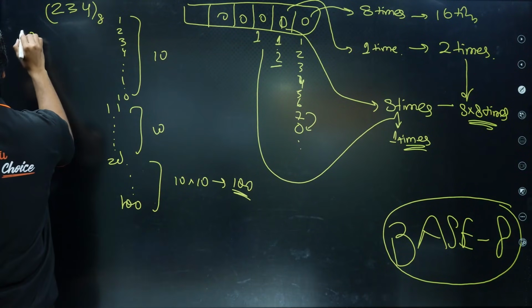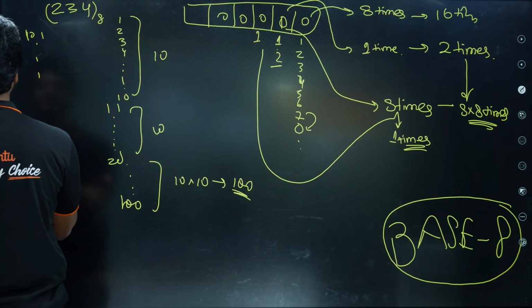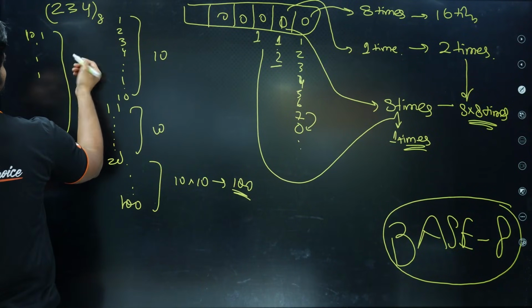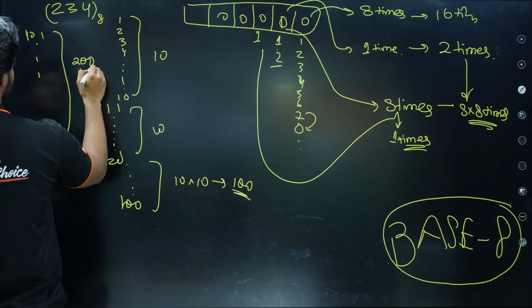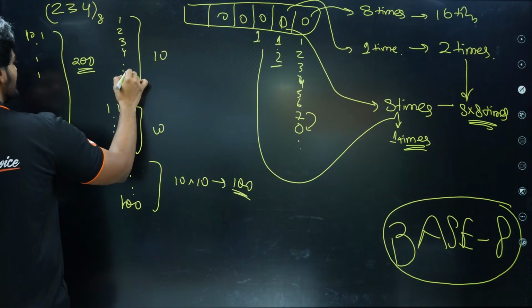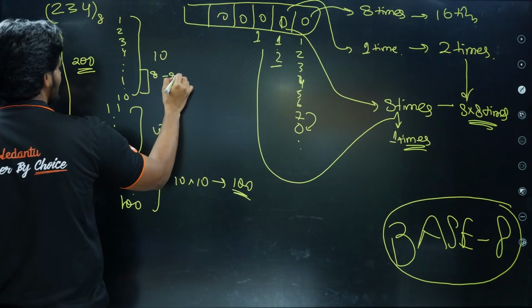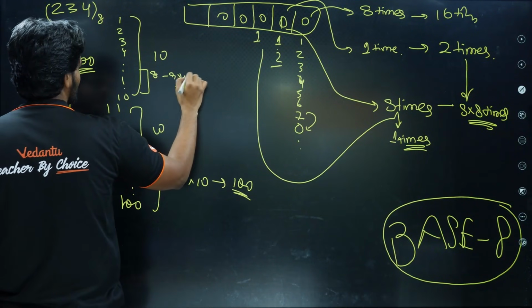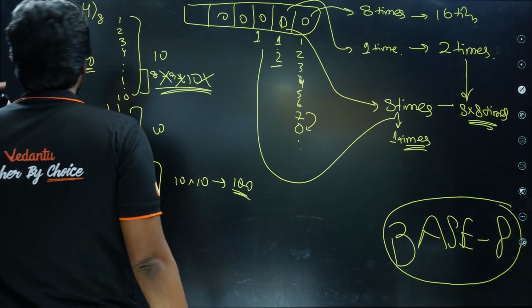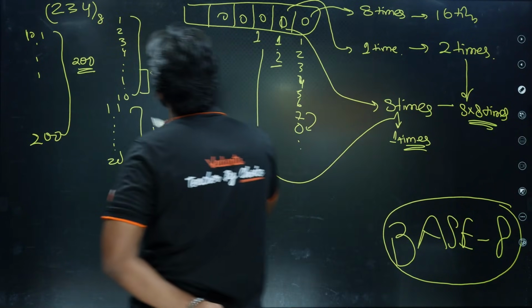And the same way we go from 101 till 200. We are at 200 characters. But our problem is we don't have 8, 9, 10, all these are not there. So we have to erase this and we have to see what happens.